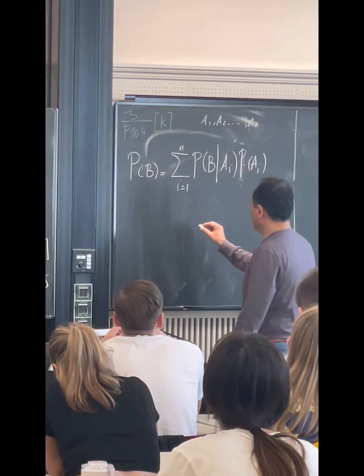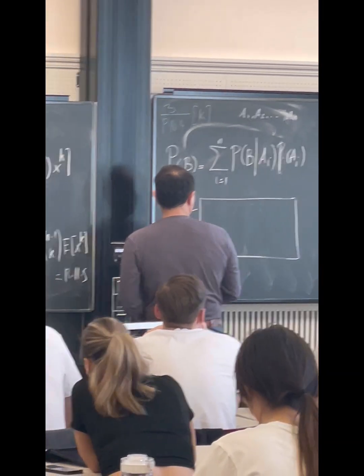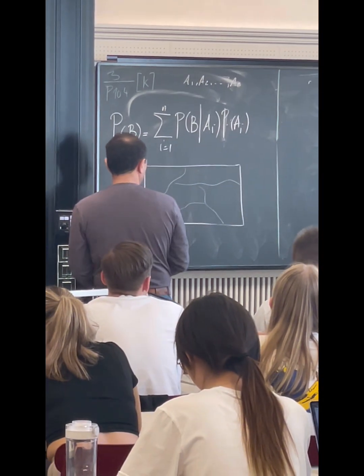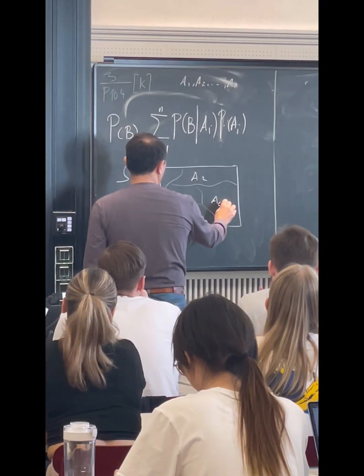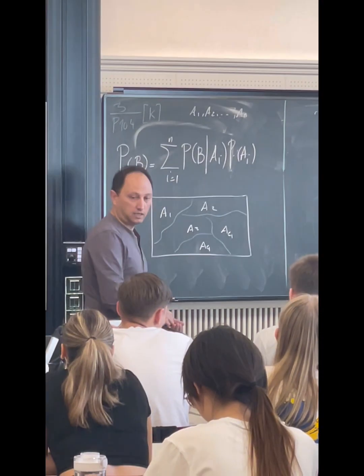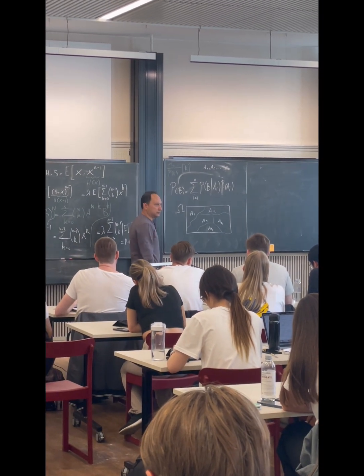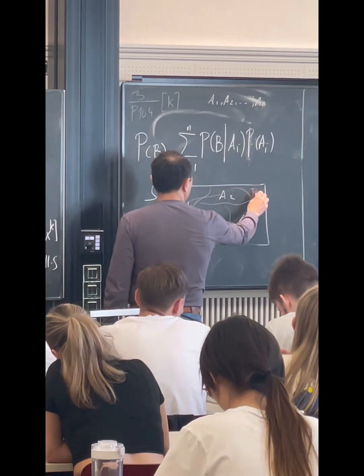So if you want to feel it, it seems like this. If I have my omega, something like that. Something like this. For example, A1, A2, A3, A4, A5. Okay? And then what is B? B is any event from this probability space. This is B. Okay?